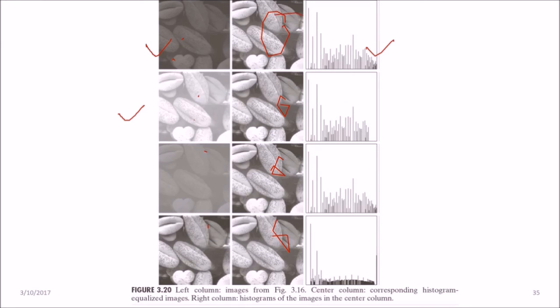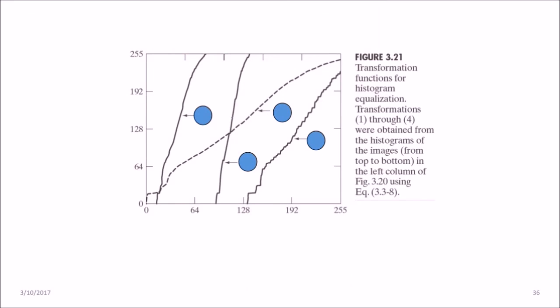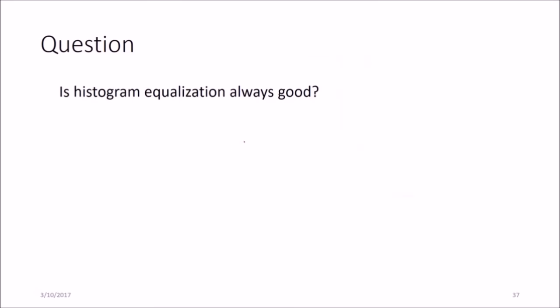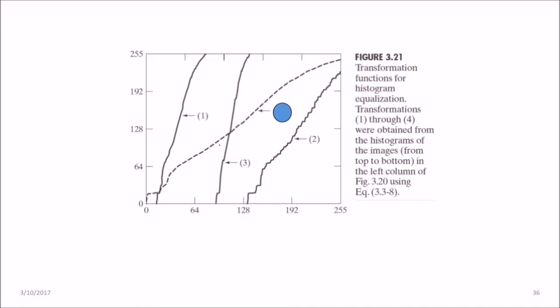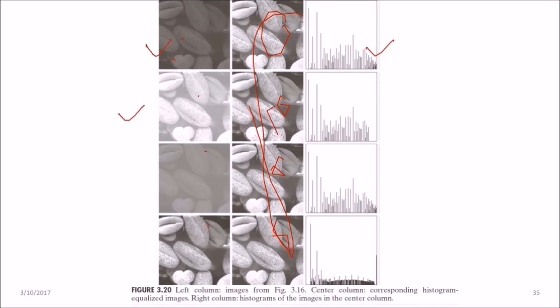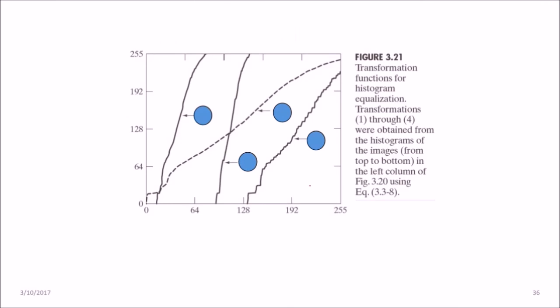So these are all the histogram equalized results. This is the transformation function for histogram equalization which we just saw. So these transformations 1, 2, 3, 4 were obtained from the histograms of the images in the left column, which we have just seen.